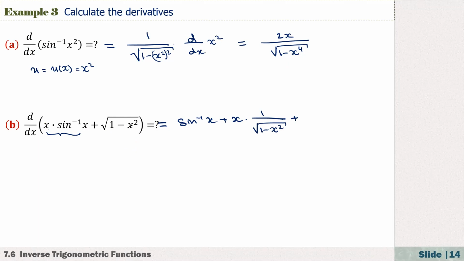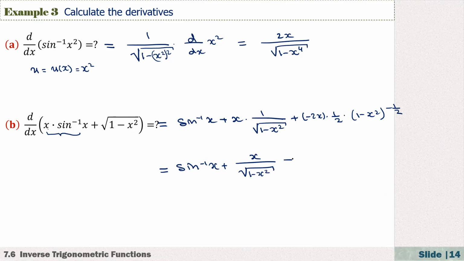Plus, how about if you differentiate the square root of 1 minus x squared from inside, that's equal to minus 2x times, and the power comes to the front, 1 over 2 times 1 minus x squared to the power of minus 1 over 2, because 1 over 2 minus 1 is minus 1 over 2. So now if you simplify this, here we have sine inverse of x plus x over square root of 1 minus x squared.